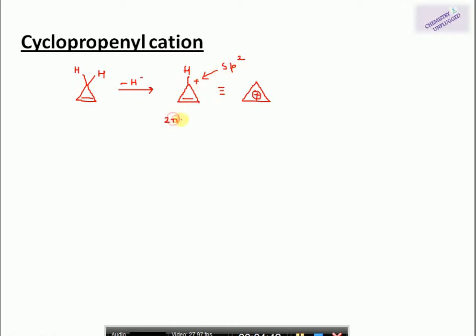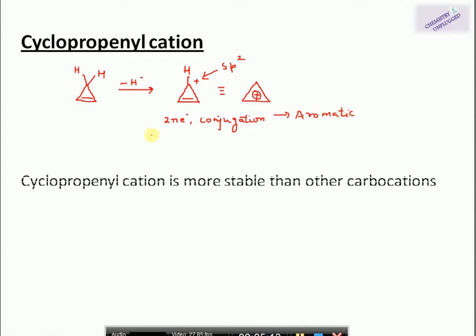So now it is a 2 pi electron system following Huckel's rule, and conjugation is also possible due to the presence of the sp2 hybrid carbon. Therefore, this system is aromatic in nature. And because it is aromatic, it is stable. These cyclopropenyl cations are more stable than normal carbocations because of their aromatic nature.